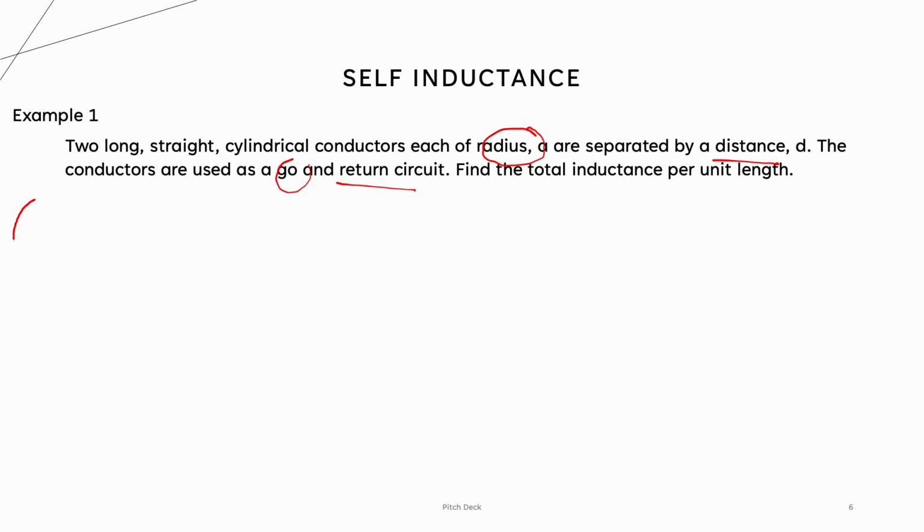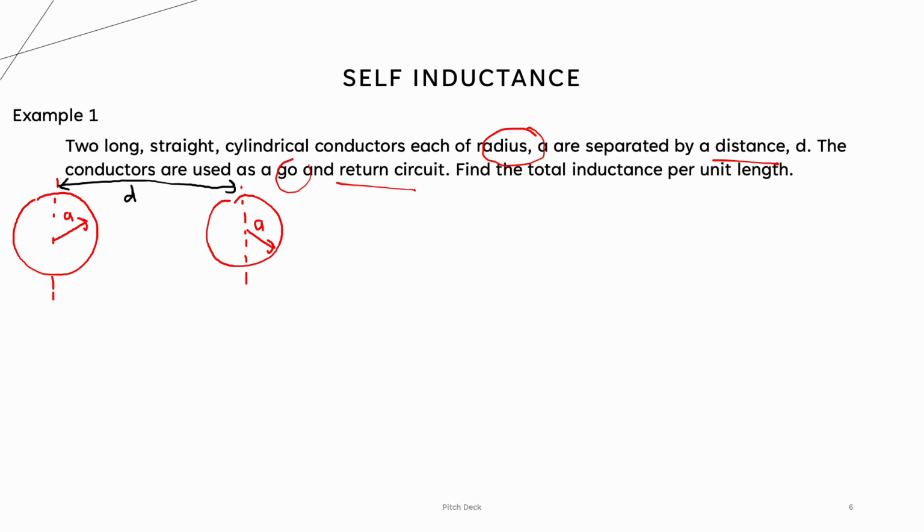So there are two straight cylindrical conductors, the radius is given as a for both of them, and they are separated by a distance of d.